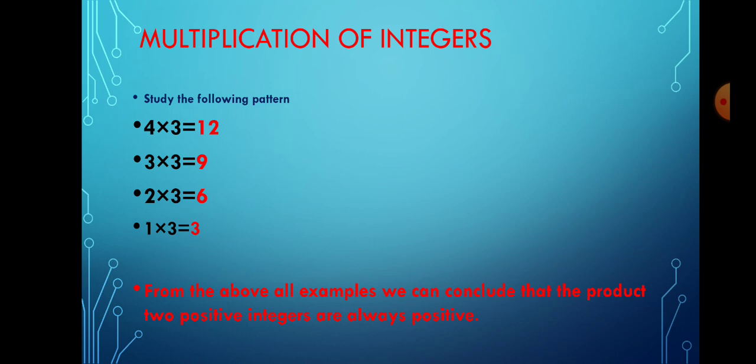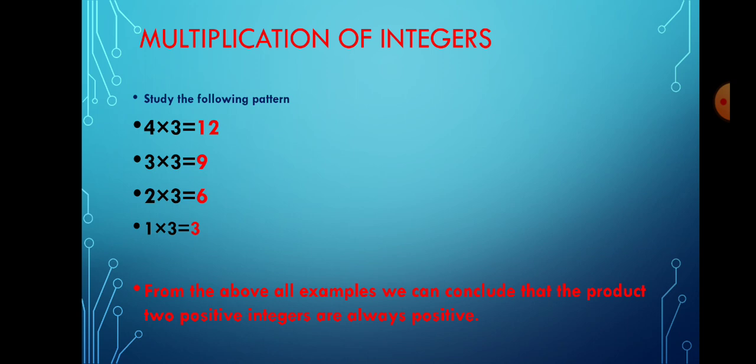Here 4 and 3 are positive integers. Why are they called positive integers? Because these numbers are on the right side of 0 on the number line. Values on the right side of 0 are always positive integers and values on the left side of 0 are always negative integers.